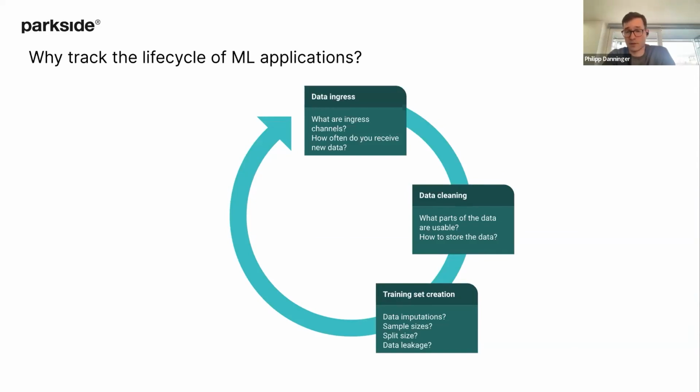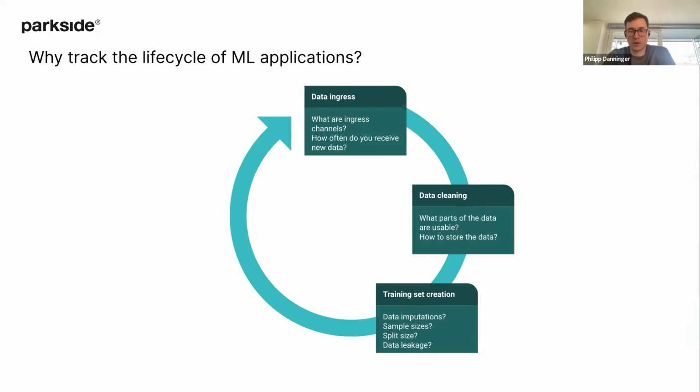Are there different sample sizes that you want to try out for training, test, or validation sets? Do you recognize a class imbalance potentially for a classification problem where you might use synthetic sampling to cover this problem? Do you have any data leakage maybe in your problem, or could this be a problem?